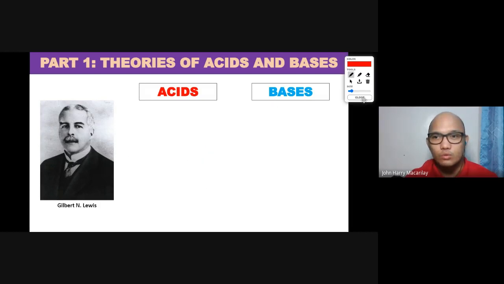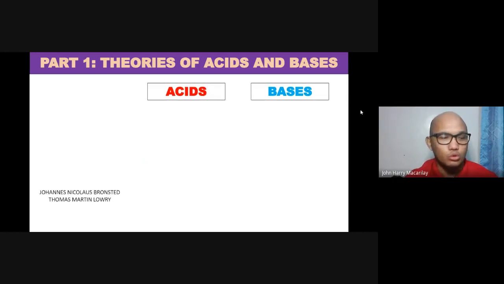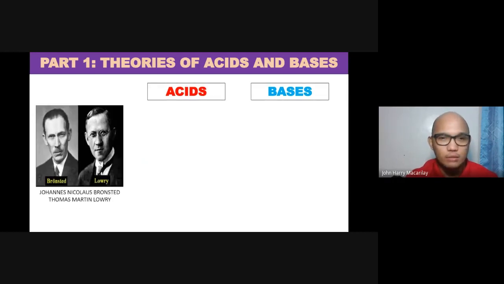Next theory, which is commonly accepted. Most of our solutions in this subject would be based on this theory. This is again one of the limitations of your Arrhenius theory, that not all acids will liberate a hydrogen ion, and not all bases will liberate a hydroxyl ion. So this was introduced by Johannes Nicolaus Bronsted and Thomas Martin Lowry. Okay?